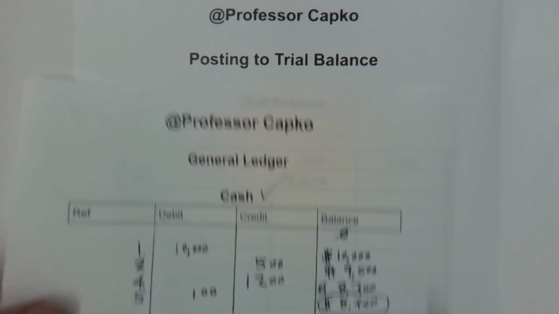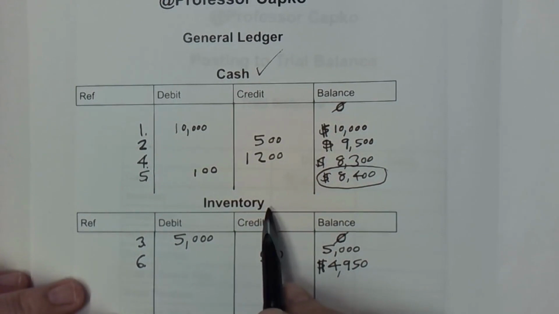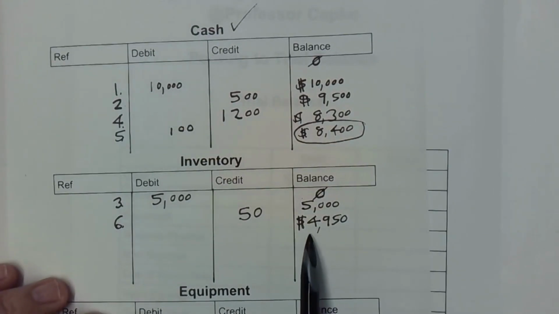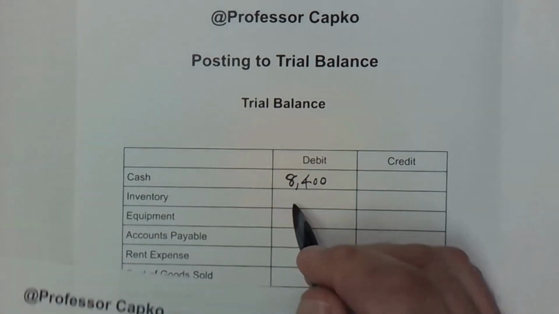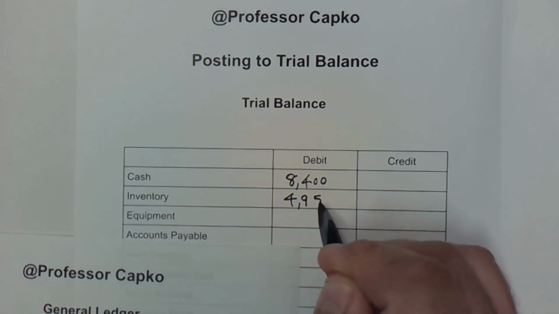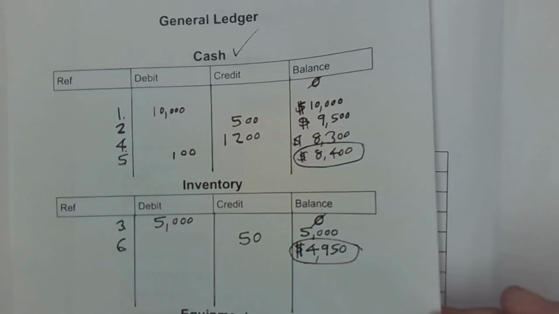So we took care of cash. Let's look at the next one. The next one is inventory. That's also an asset account. And we show that we have a balance of $4,950. So I'm going to post that here as a debit. 4,950 is our balance in the inventory account.